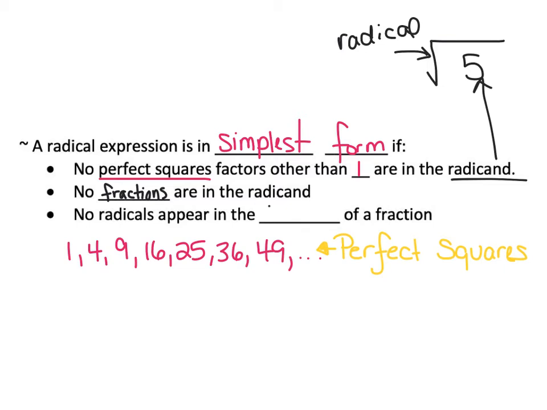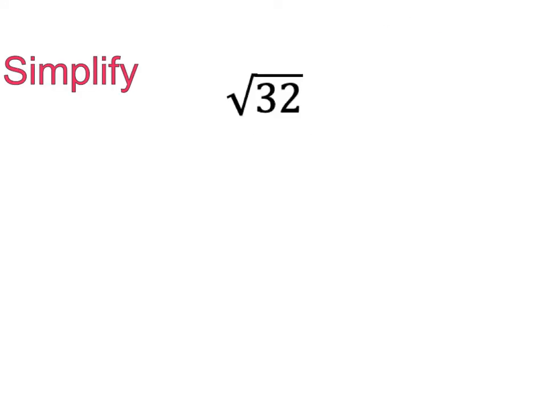And we also can't have any radicals in the denominator of a fraction. So we will look at how to get rid of these last two cases in the second video today.